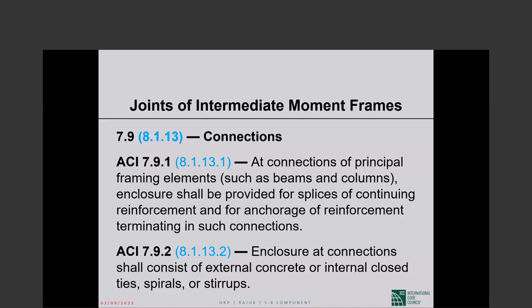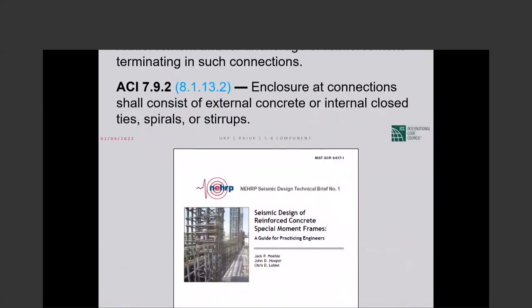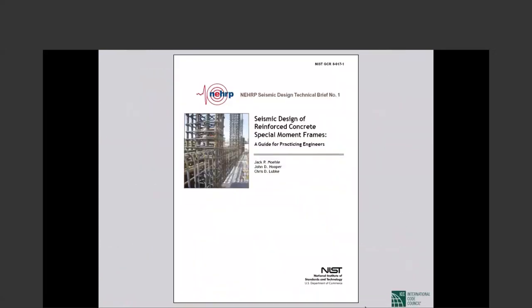Yeah, the anchors have to be enclosed. Then it says enclosure shall consist of external concrete or internal closed ties, spirals and stirrups. I don't know that it adds anything to what you already know, but this is a basic non-seismic requirement that I wanted to mention to you.